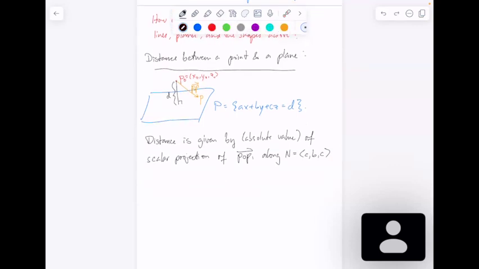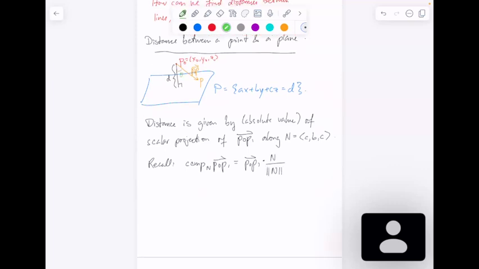So recall from earlier that the scalar projection, I guess they call it the component, of P0P1 along N is equal to P0P1 dotted with N over the magnitude of N, where I have theta there.